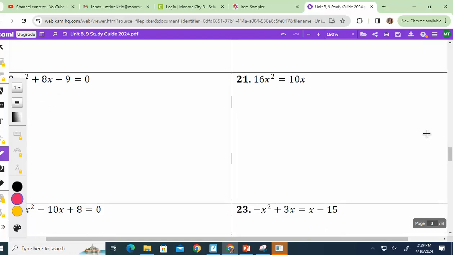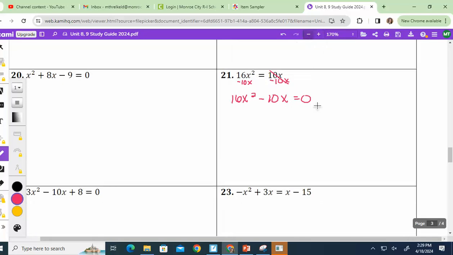What would we do to solve this? Okay, we have to get it equal to 0. So we need everything on one side, so we can subtract over the 10x. 16x squared minus 10x equals 0.